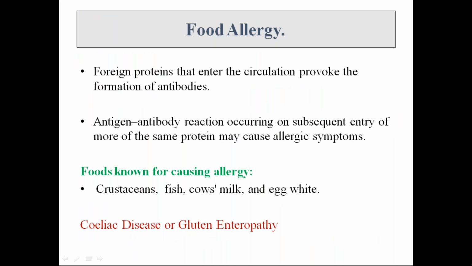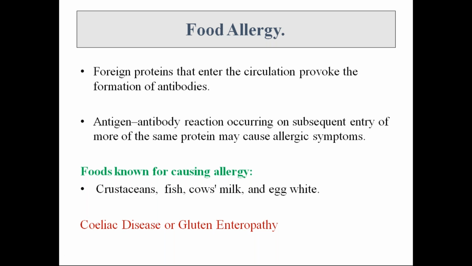Then, as I told you, you have allergies to food. I introduced the class with the help of a case study in which there were food items which were causing allergy. So per se, these are known as food allergies. You can have allergy for lactose or milk because of the deficiency of the lactase enzyme.